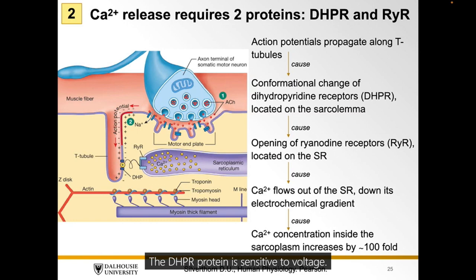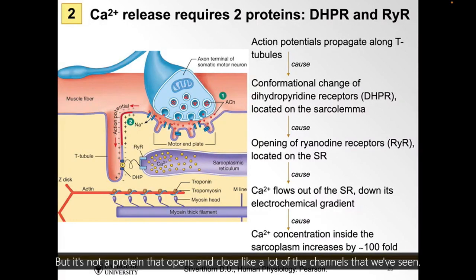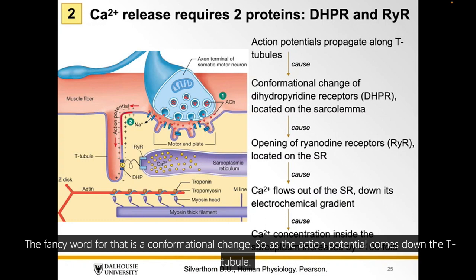The DHPR protein is sensitive to voltage, but it's not a protein that opens and closes like a lot of the channels that we've seen. What it does in response to depolarization is change shape. The fancy word for that is a conformational change.